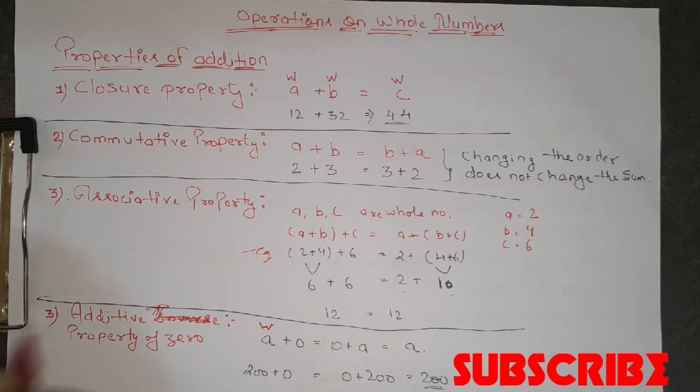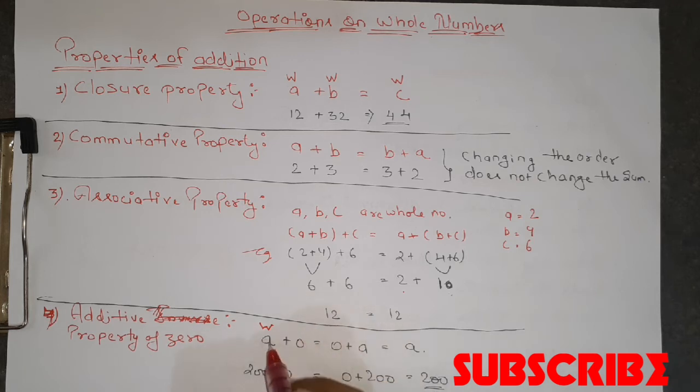Okay, now next is the additive property of 0. Let's suppose a is a whole number. For example, we have taken the value of a like 200. You can take any value of a, any whole number.